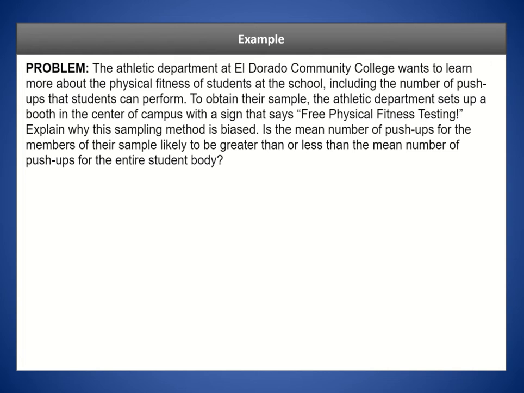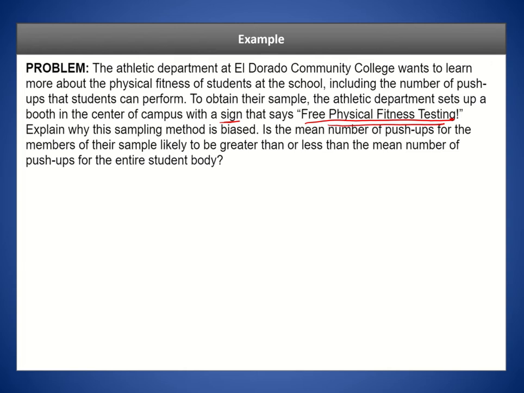So the idea here is that we're putting up a sign, so this is like a general invitation, right? This is a general invitation to come and do some free physical fitness testing. Show us the number of push-ups that you can do, etc. This is going to be biased because this is voluntary. People have to volunteer for this. They're not randomly chosen to do this. So probably you're going to see those people that are really physically fit, and so they want to test their physical fitness.